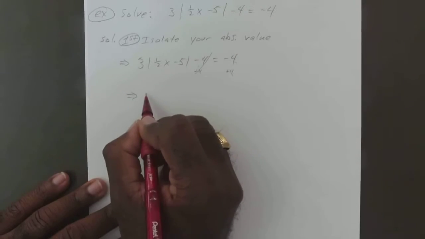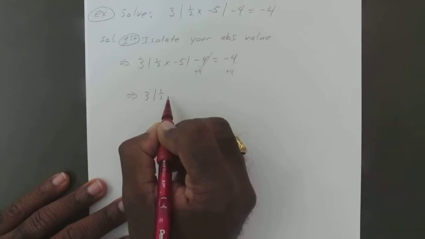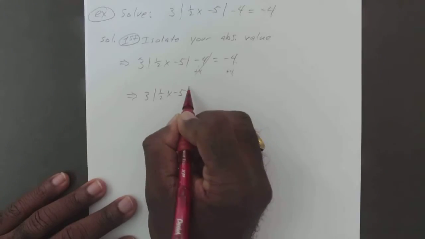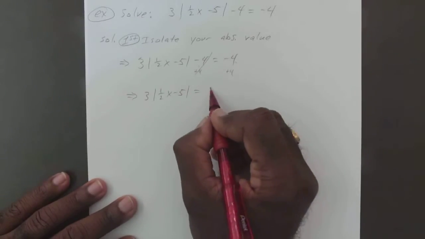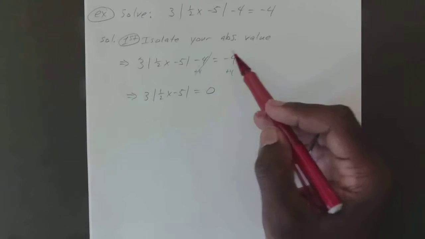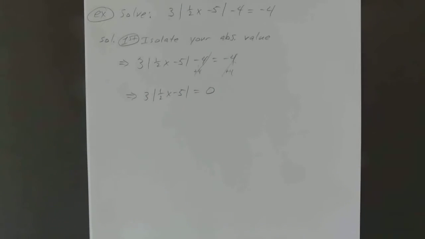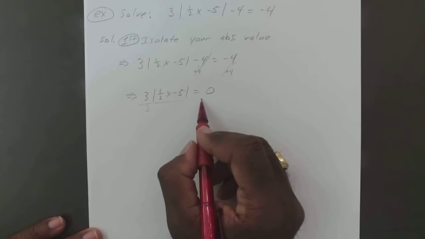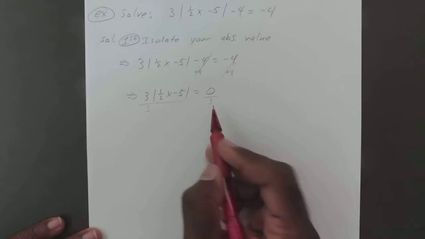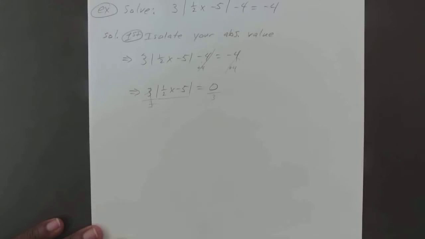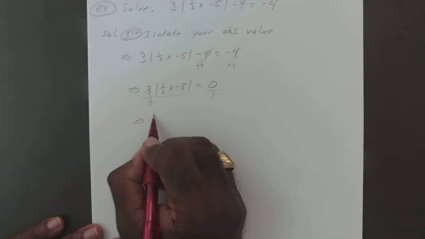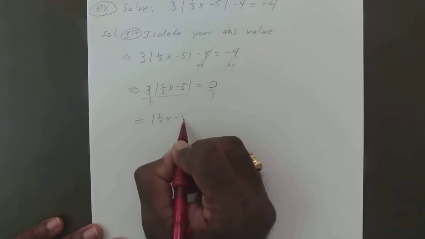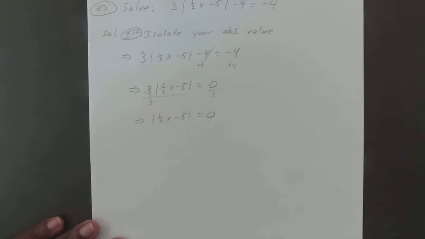And that leaves us with 3 times the absolute value of 1/2 x minus 5 equals 0, because that also cancels out. So we divide both sides by 3. Zero divided by 3 is 0. Anything divided by itself is just 1. So you have the absolute value of 1/2 x minus 5 equals 0.